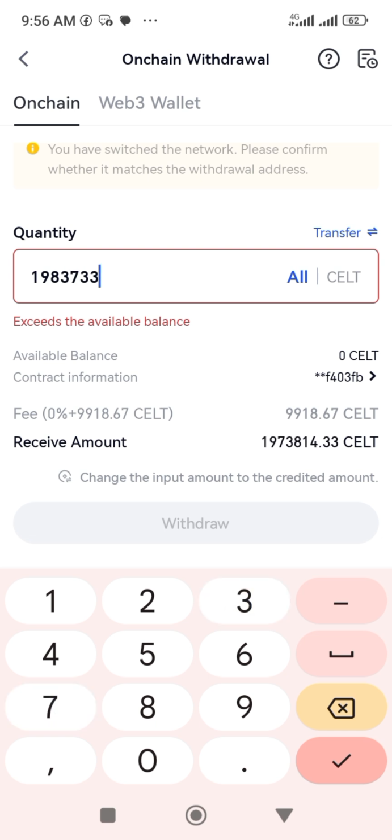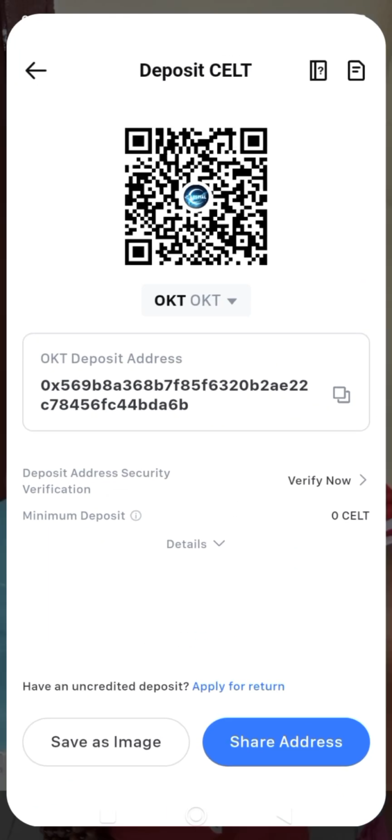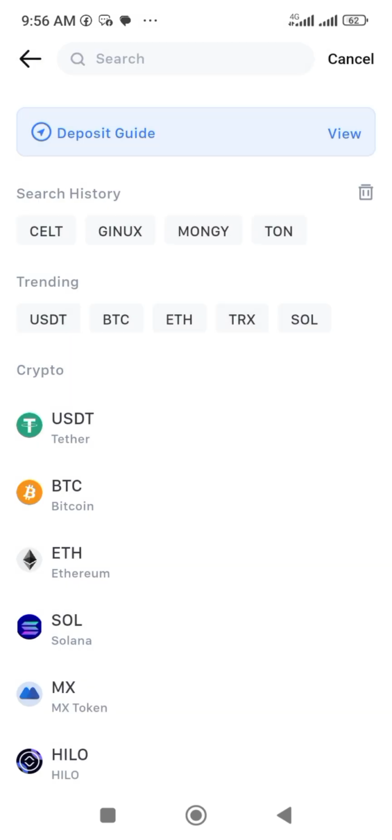If we are sending this amount of CELT to Mexi, we are going to receive this amount you are seeing below here, which is 1971973814.33. So let's go to our Mexi and see if we are going to make profit from this arbitrage.